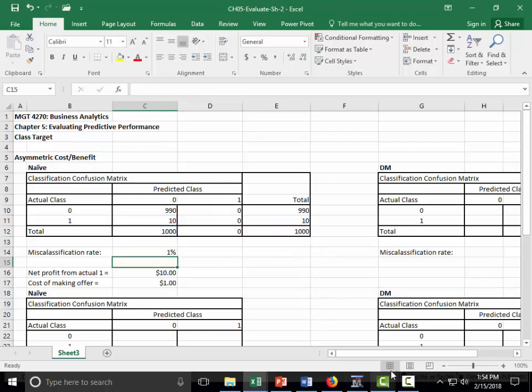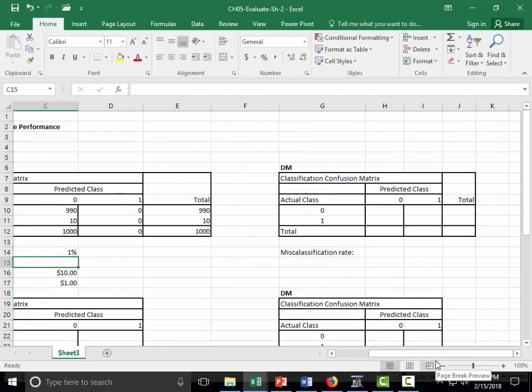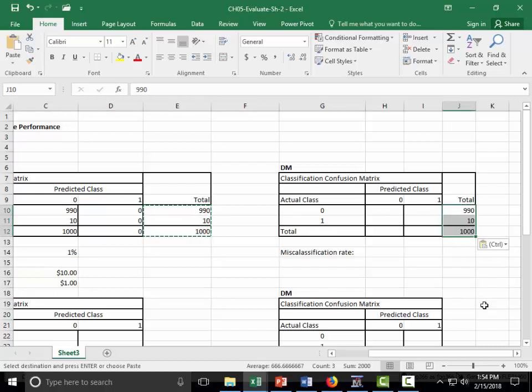Okay. So 1% error rate. Now we are going to compare that against some data mining technique. Suppose some data mining technique uses a different set of classification, you still have that original data. That's still the case, right?